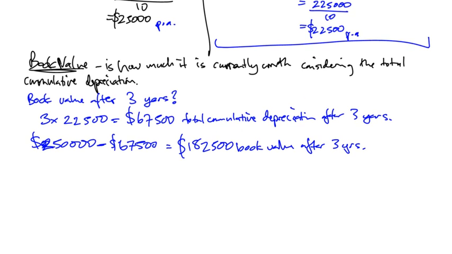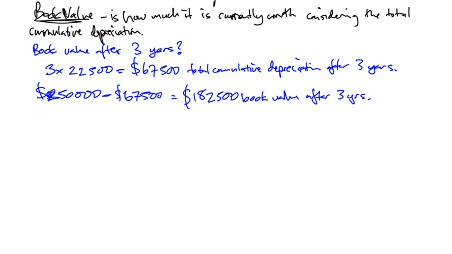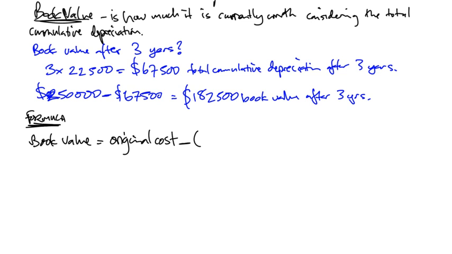If you ever want to work out the book value of something, you can just use the formula. Book value is original cost minus the annual depreciation times by number of years of depreciation.